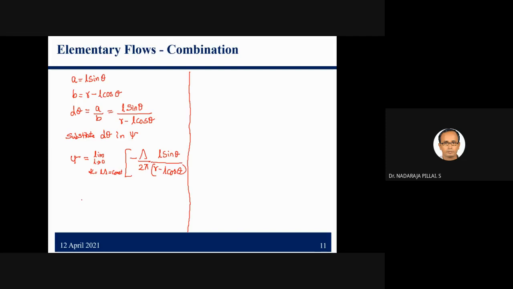So here we can write this equation. What is lambda L? L lambda is the strength of the doublet, that is kappa sine theta.